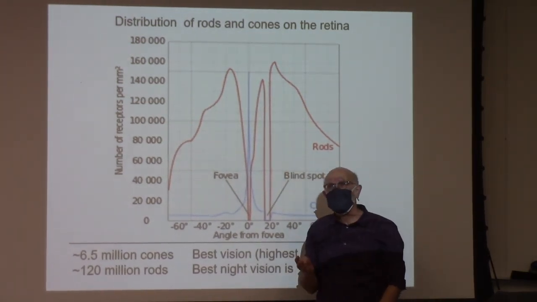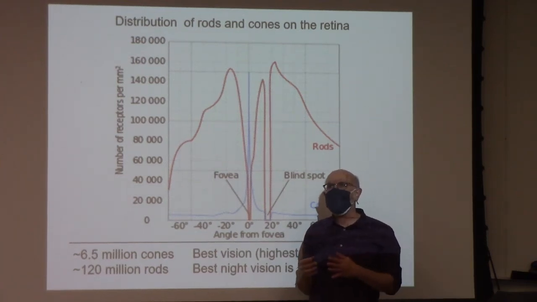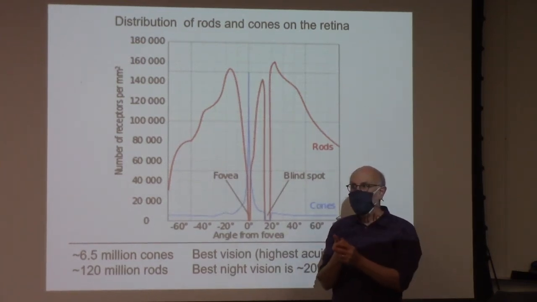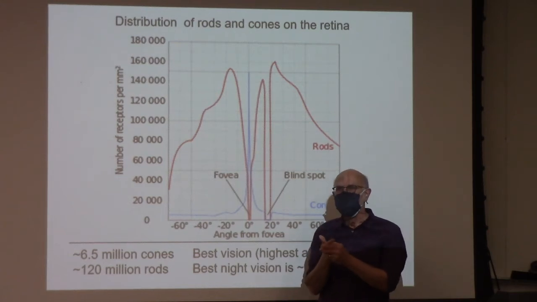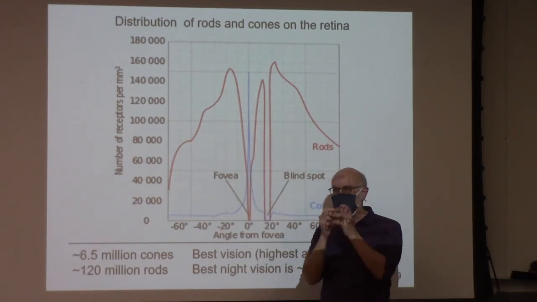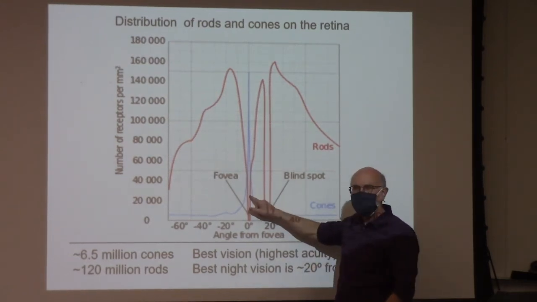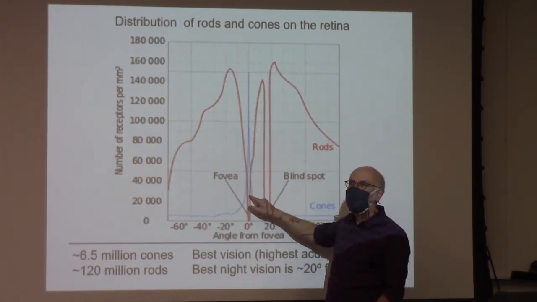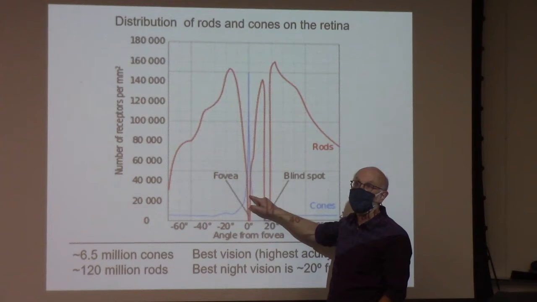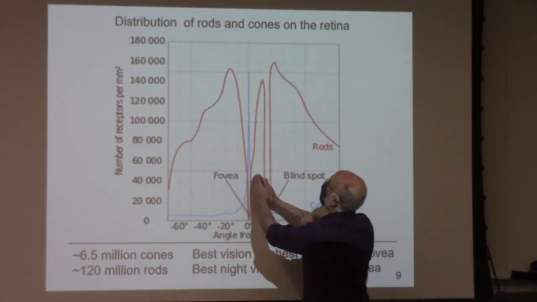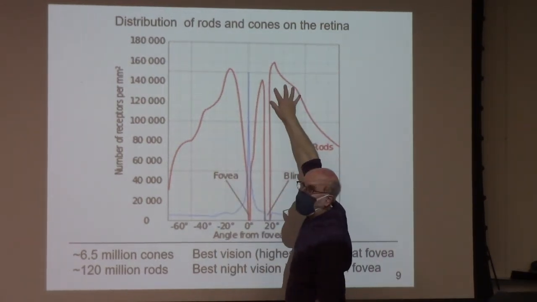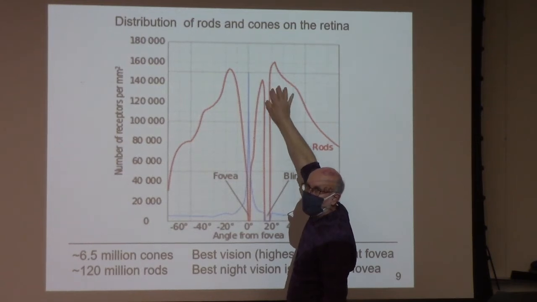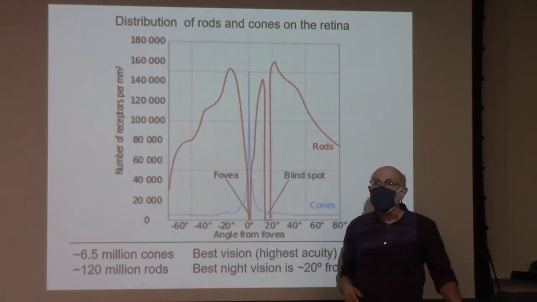The cones are specialized for color and for high acuity vision, very sharp vision. So we've specialized our fovea in order to see color and in order to see sharp. Outside of the fovea, where the rods are, the rods do not see color.